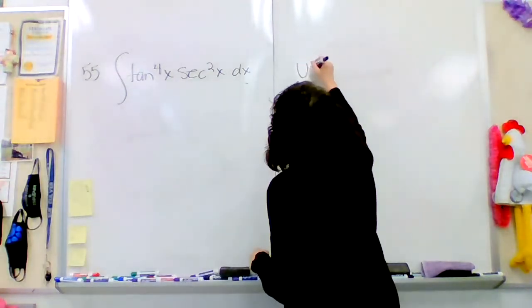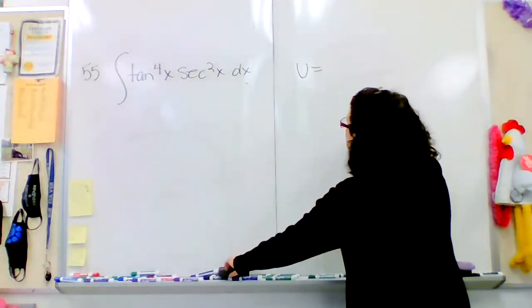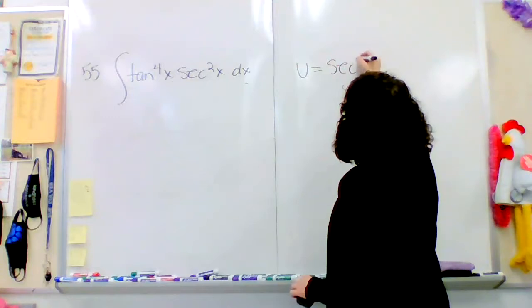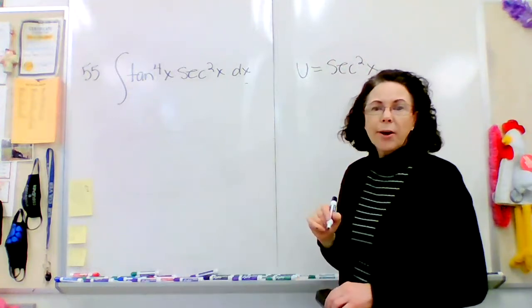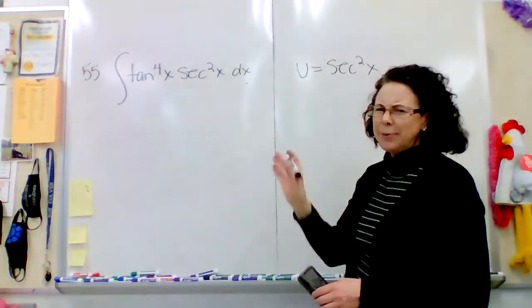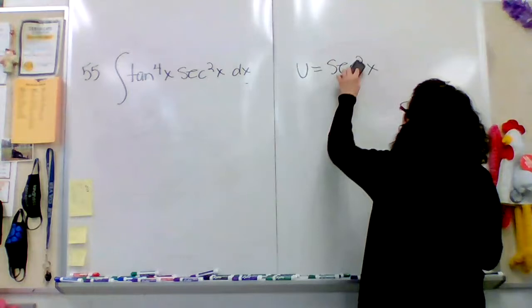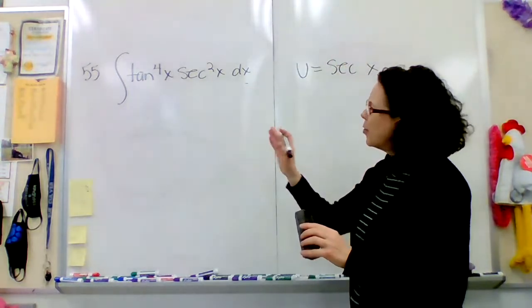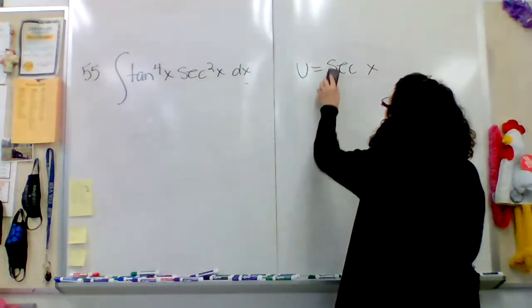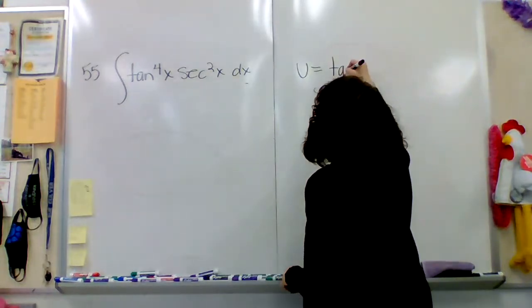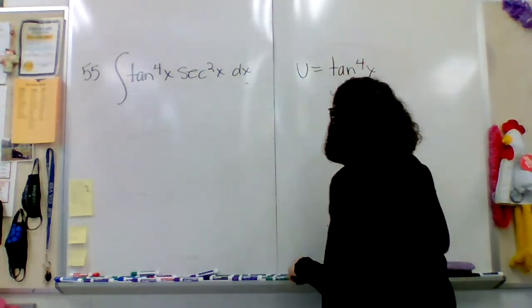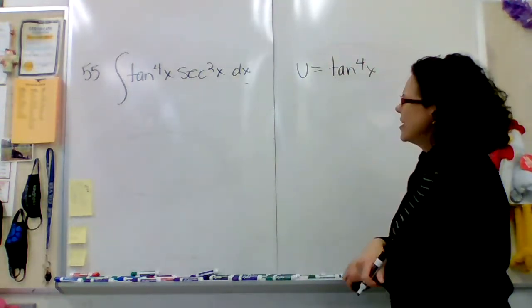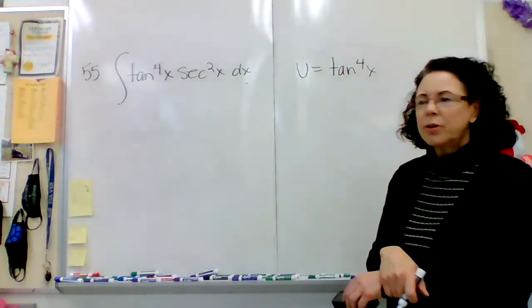So again, I just want to make a list of possible combinations. You could have checked u being secant squared, and then your du, you would have found it just wasn't matching up. You could have made u secant. Again, your du, you said, no, I don't have the right powers there. You could have made u tangent to the 4th, and then you would have said, oh, I need a tangent cube somewhere when you take the derivative.